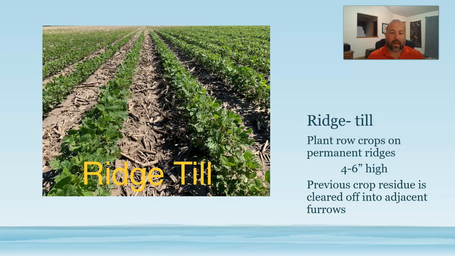And so then you're going to get all the same benefits, but it's just going to be kind of adjacent to those areas as opposed to being planted right in those areas. And so the previous crop's just going to be in the furrows in between the ridges.